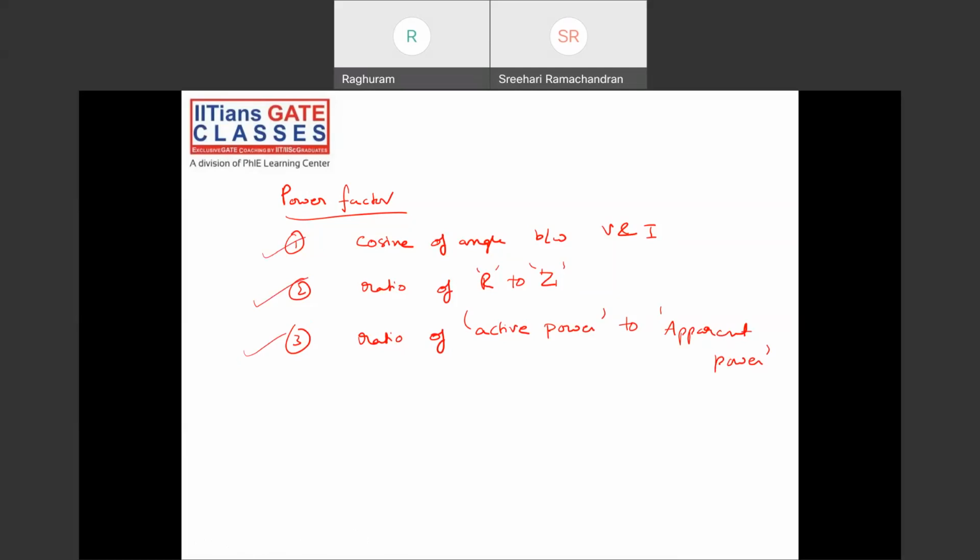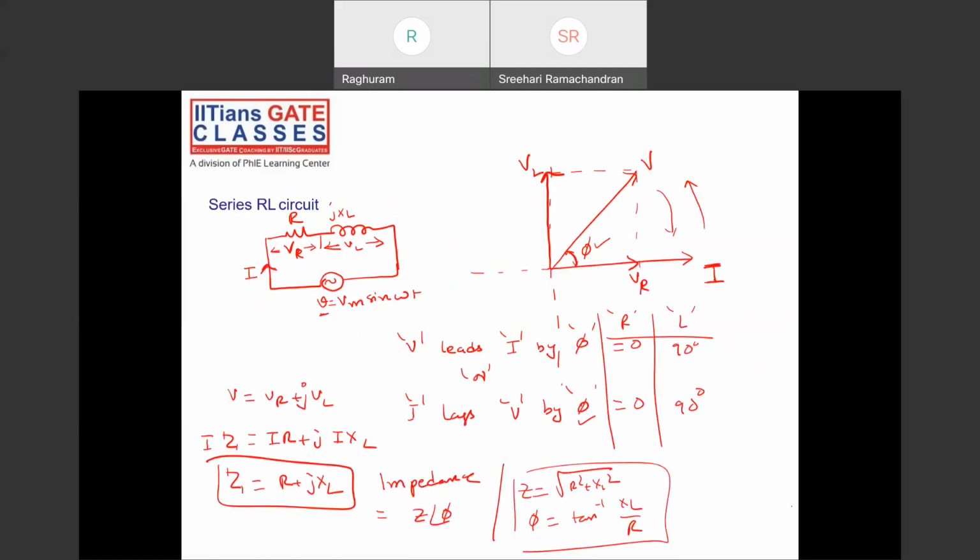So what is the ratio of R to Z? It is R by the square root of R squared plus XL squared, which is nothing but the power factor, or the cosine of the angle phi between voltage and current. So cos phi is your power factor.